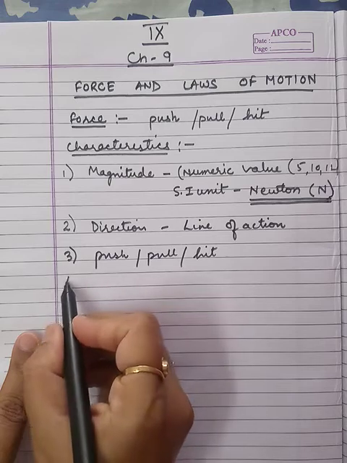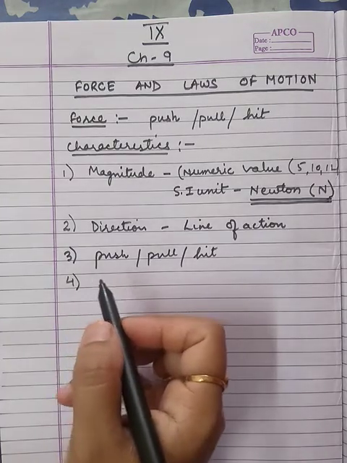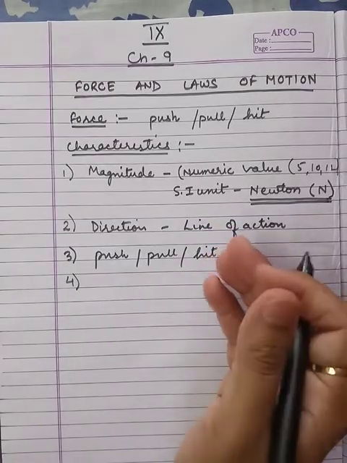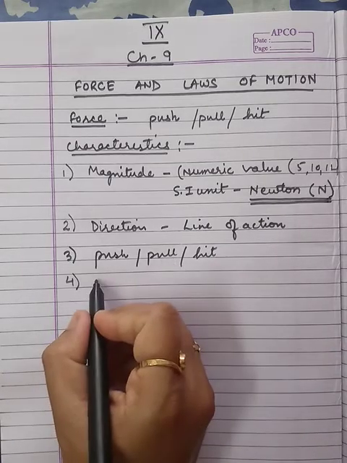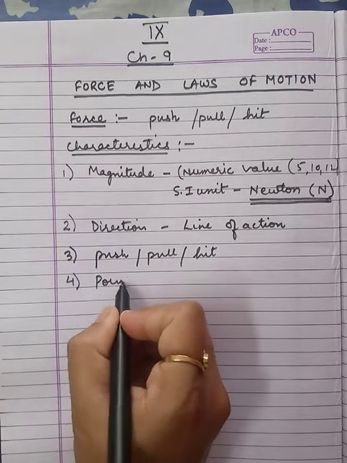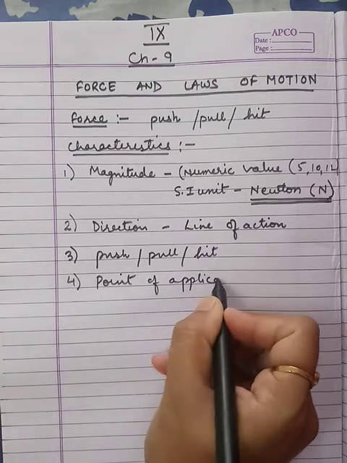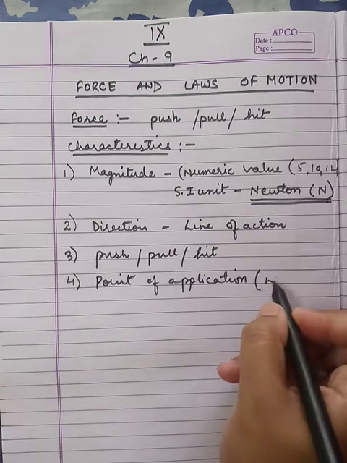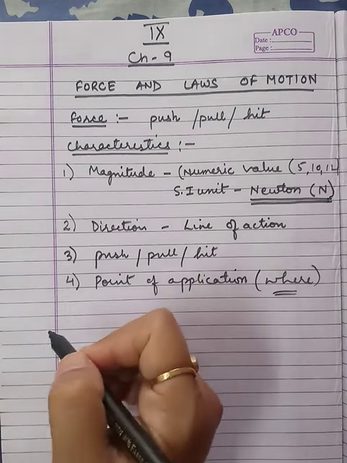Okay, now fourth characteristic is the point of application, where the force has been applied. Okay, at which point? So I can write point of application of the force. That means where the force has been applied, where it is applied, right?